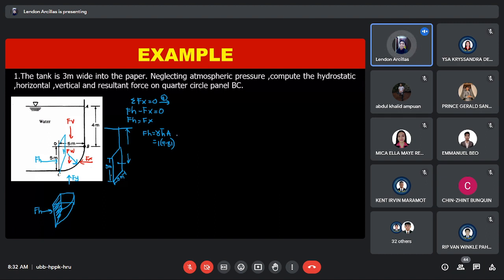Okay. So, h bar is from the surface to the centroid. So, therefore, h bar is, kukulayan natin, this is 4 meters, tama? 4 meters plus half of 5, that is 6.5.